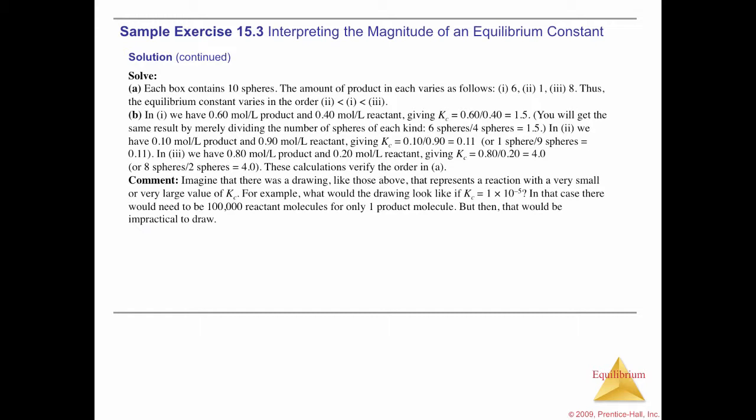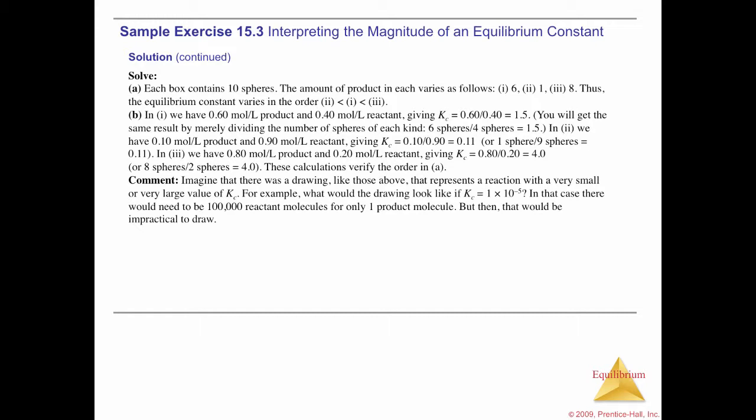In box 1, we have 0.6 moles per liter product and 0.4 moles per liter reactant, giving an equilibrium constant of 0.6 divided by 0.4, or 1.5. You will get the same result by merely dividing the number of spheres of each kind. 6 spheres of product divided by 4 spheres of reactant is equal to 1.5.